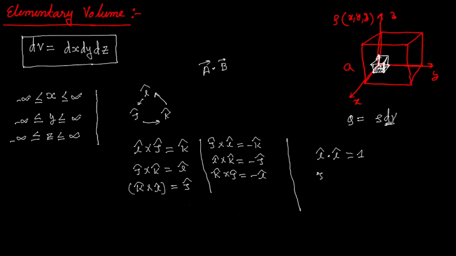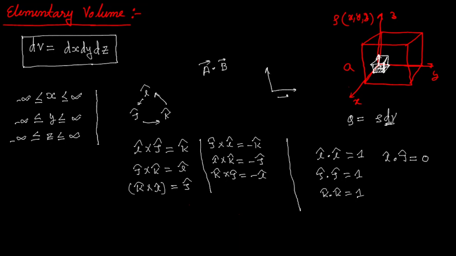And similarly, j cap with j cap gives you 1, and if you take the dot product of k cap with k cap, that will give you 1. However, if you take the dot product of i cap with j cap, that will give you 0, because in this case the x-axis and y-axis are perpendicular to each other.